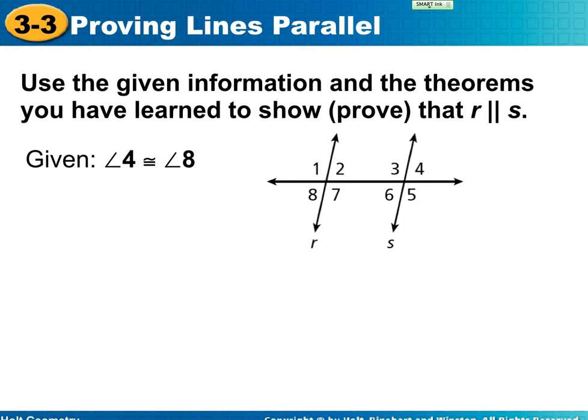Okay, so this is like what we did just a little bit ago. How would you prove that R and S are parallel, if I tell you that angle 4 is congruent to 8? Don't have to do a whole lot with this one.